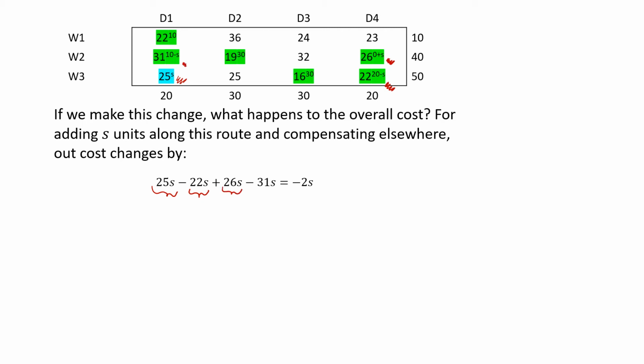The last one, I'm shipping less. I save $31 for every unit. You add all those things up, which means that every unit that I ship through from warehouse 3 to distributor 1, I am saving myself $2. So it makes sense to put as much as possible through that pipeline to then adjust to a new solution. Because every time I do, I save money.